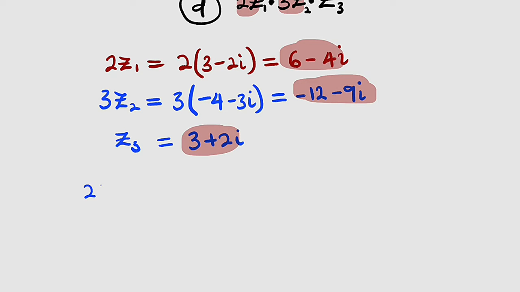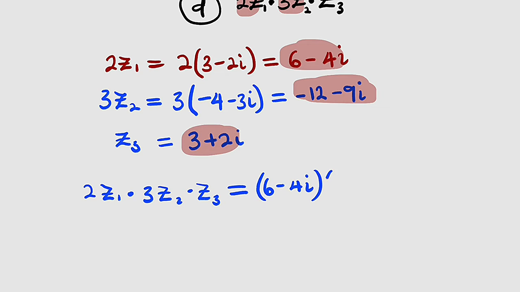Therefore, 2z1 multiplied by 3z2 multiplied by z3 is nothing but 6 minus 4i multiplied by -12 minus 9i, then lastly, 3 plus 2i. First of all, let us multiply the first two factors.